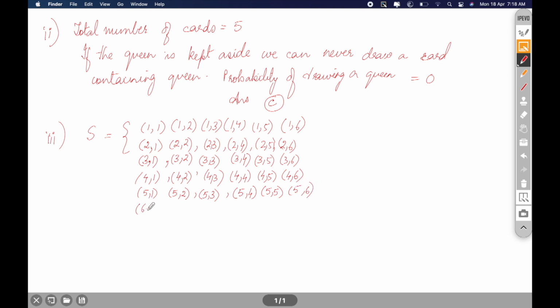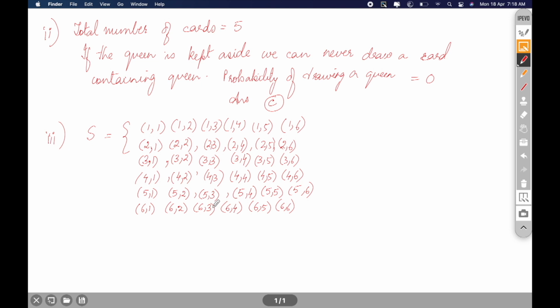Then comes 6,1; 6,2; 6,3; 6,4; 6,5; and 6,6.